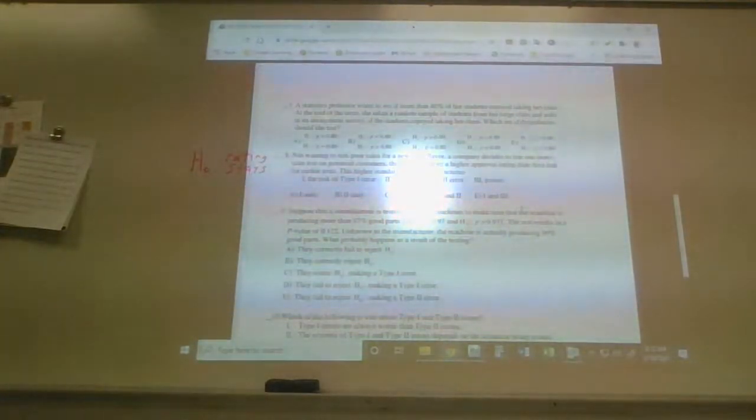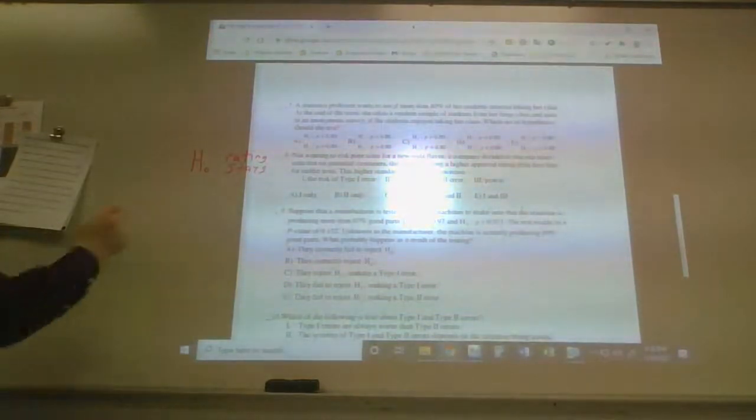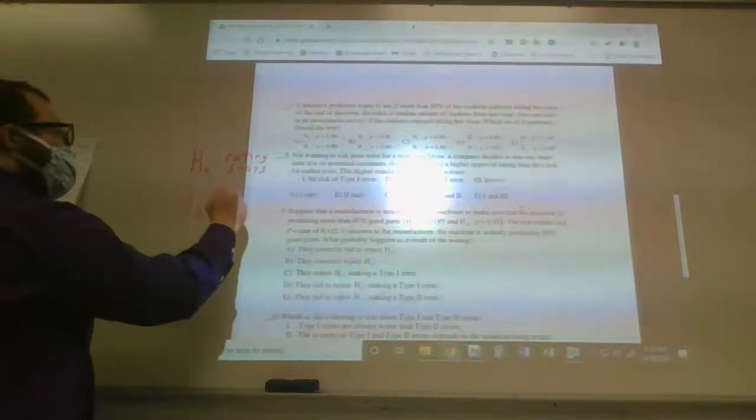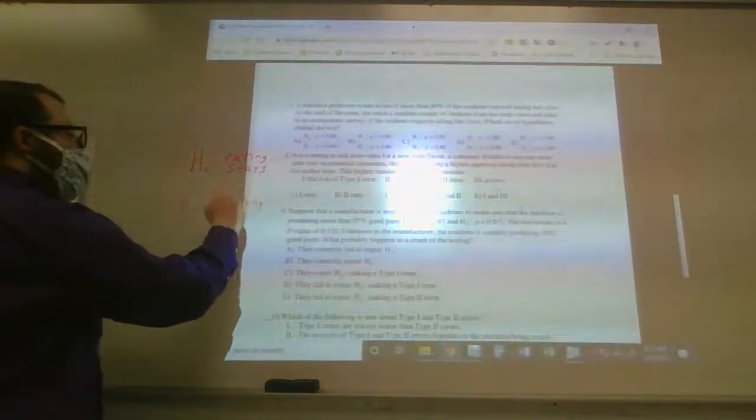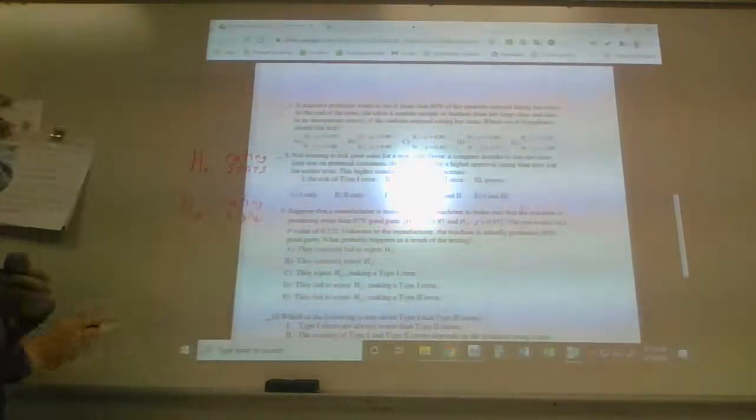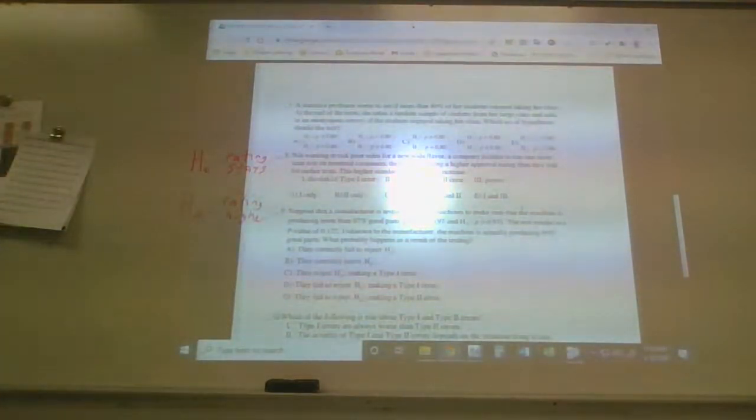The approval rating did not change. That's the null hypothesis. But they're looking at an alternate of the rating being significantly higher than what they had for earlier tests. They want a higher standard of proof so that they can reject that null hypothesis.